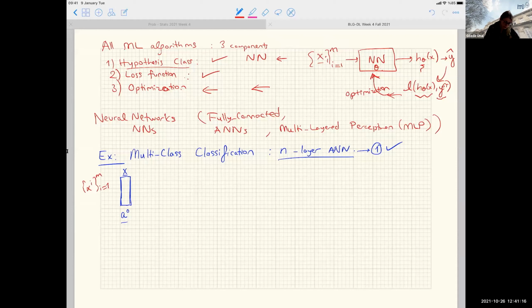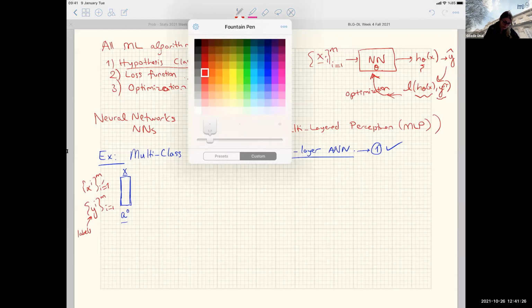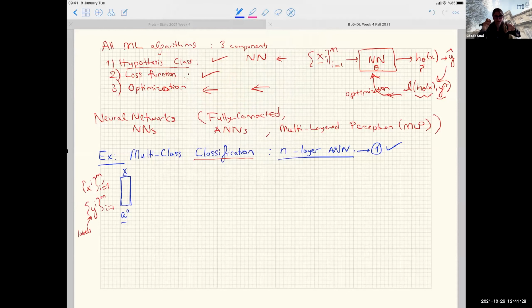So also for a supervised classification problem, I'm also given the corresponding labels, right? So these are labels. Now let's just put the backbone, the network here. So A0, of course, I'm trying to produce a first activation, right?